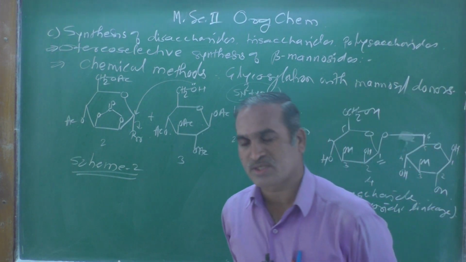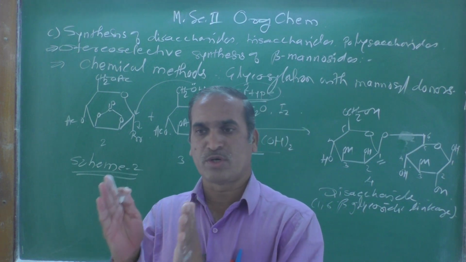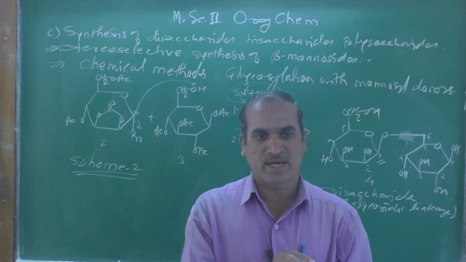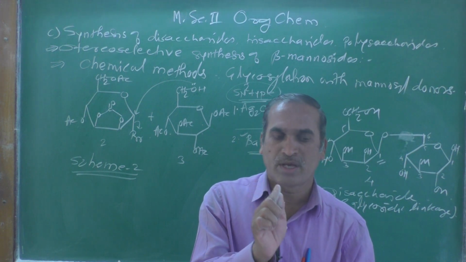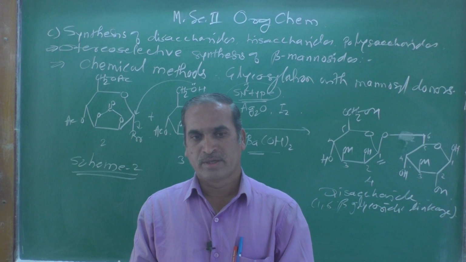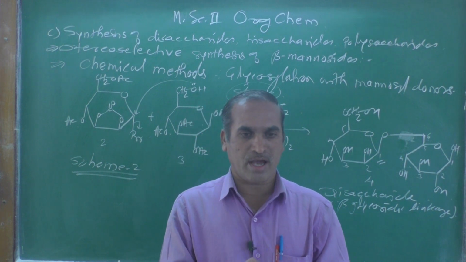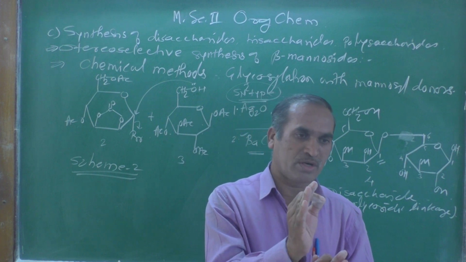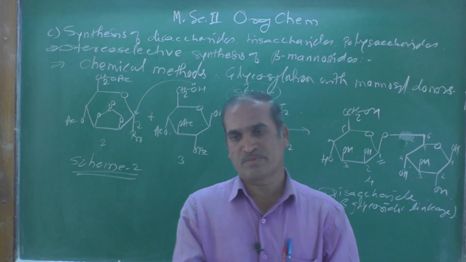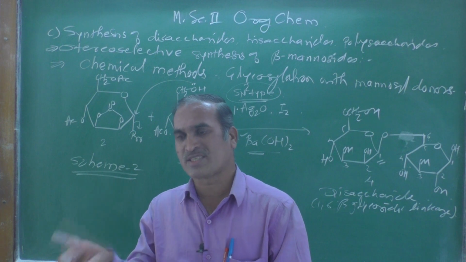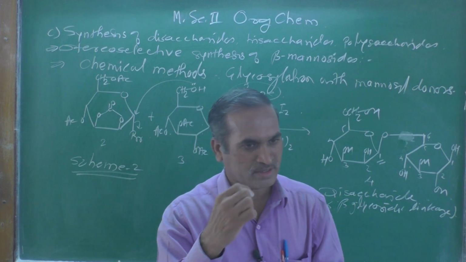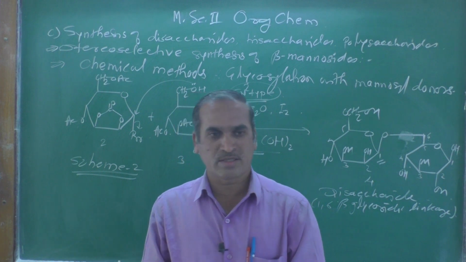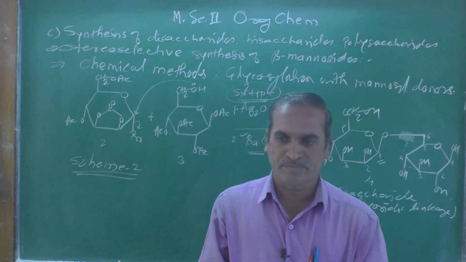SN2 means substitution nucleophilic bimolecular reaction, and the characteristic of SN2 is that it is a concerted reaction. Concerted means the breaking of a bond and the formation of a bond take place simultaneously.